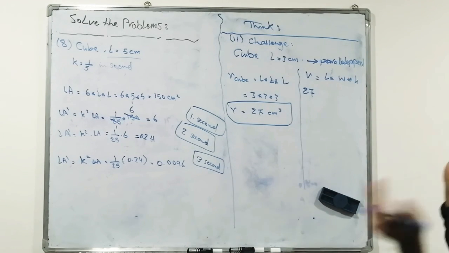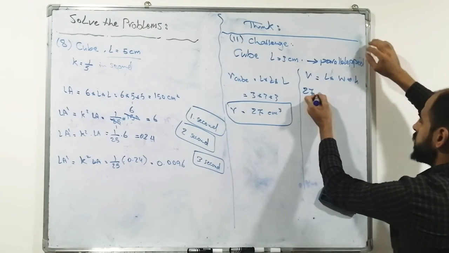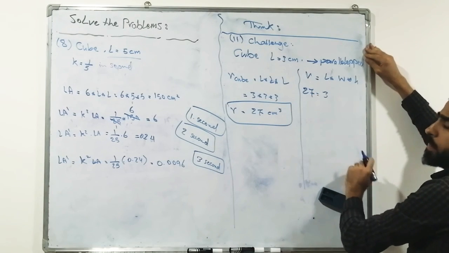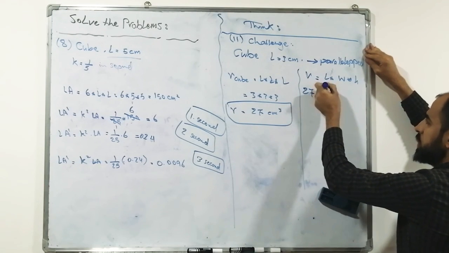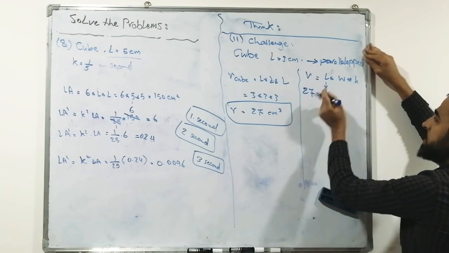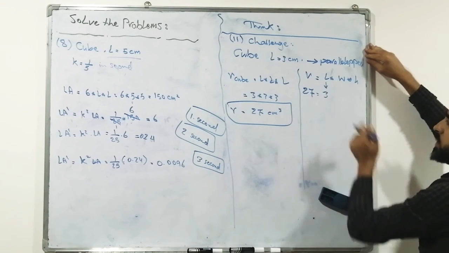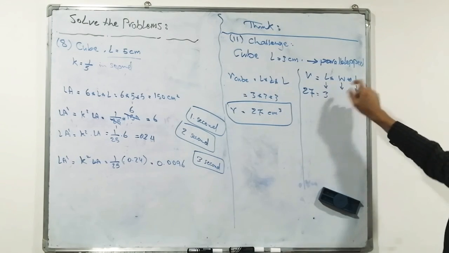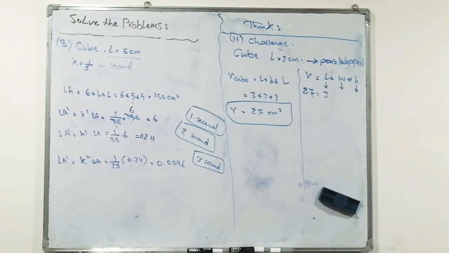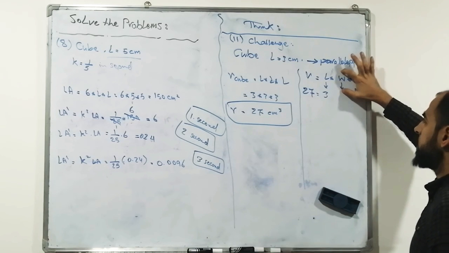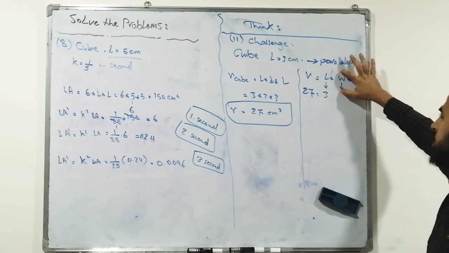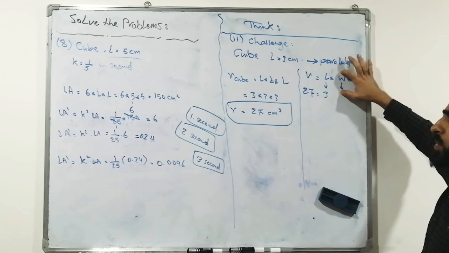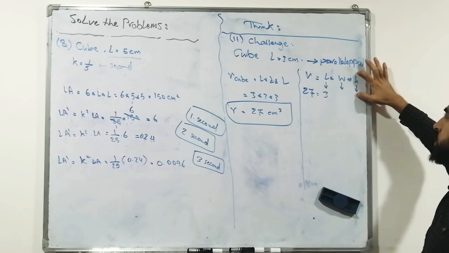So to keep its volume, we keep the length at 3. We can't multiply the width and height by the same dilation. We have to apply a different dilation coefficient on the width and the height, so one of our dilations is an enlargement and the other is a reduction.